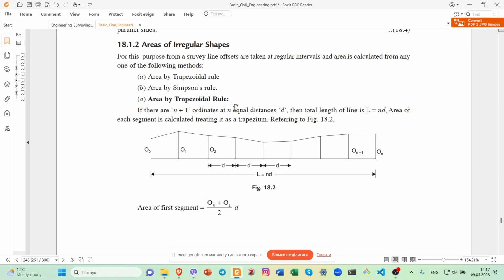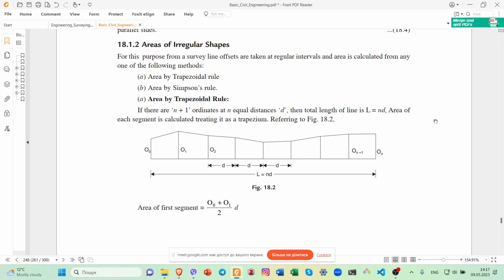Here you can see the trapezoidal rule. If there are n plus 1 ordinates at n equal distances d, for example it can be 10 meters or 100 meters, then the total length of the line L is nd.